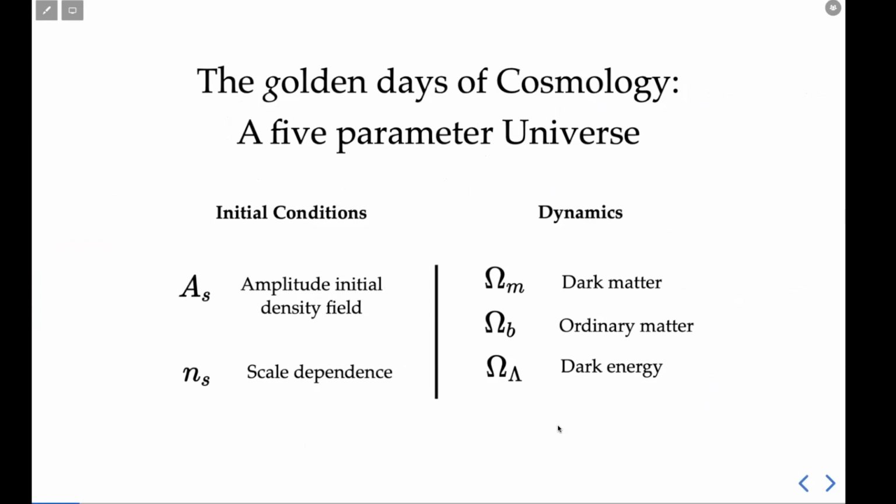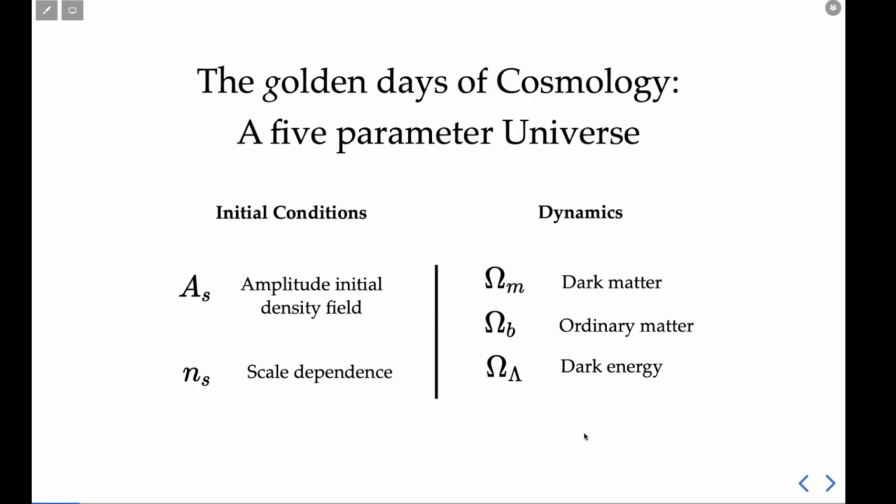This is all very elegant and nice, if only we knew what these parameters actually mean. I'm sure you're very well aware that we don't really know what dark matter is made of or what dark energy really is. So what we want to do is constrain these parameters really accurately to see where the theory breaks down.